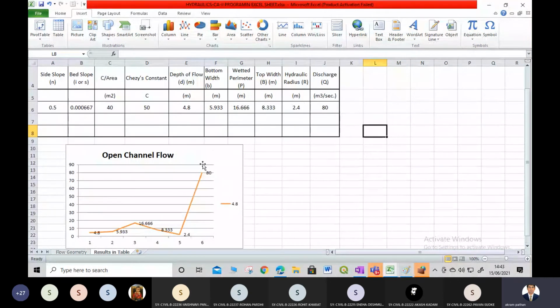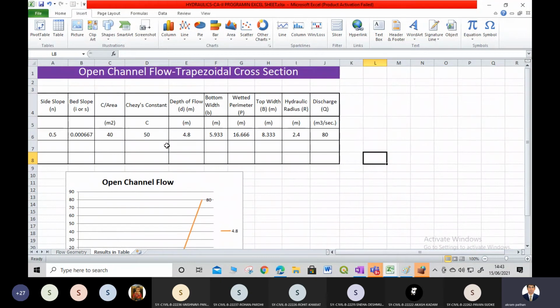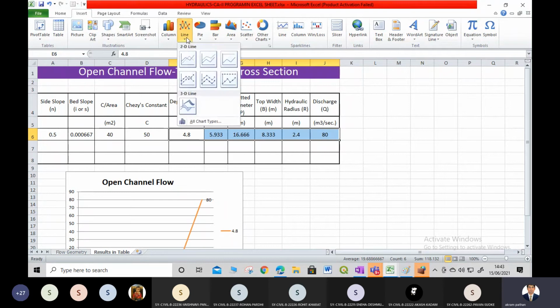Then we have to draw the graph also. So basically for getting the graph only this calculation is required, whatever things we have found out. So simply you have to select these values, then go to the insert section, go to this line.